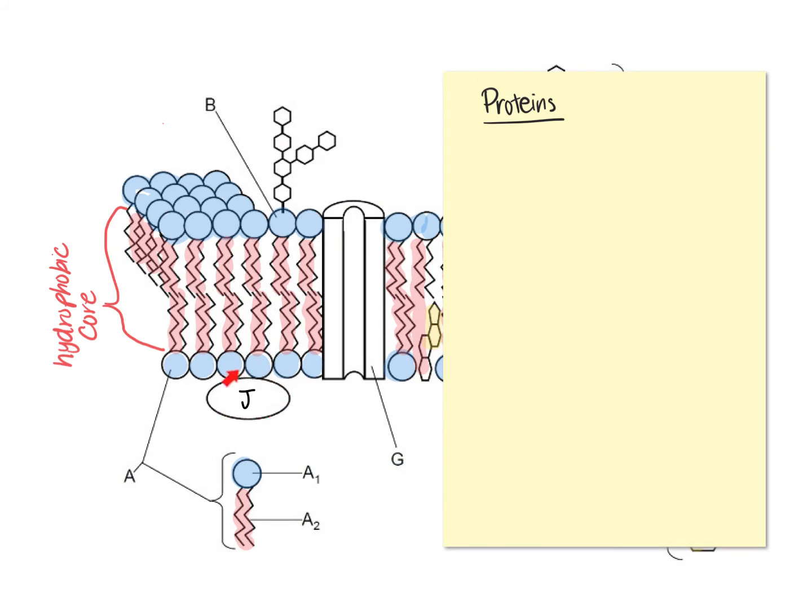Starting with this molecule right here, which is labeled as J, this is what's known as a peripheral protein. So aside from being made of carbon, hydrogen, oxygen, nitrogen, when we classify proteins, we look at their function within the molecule of the plasma membrane. So peripheral proteins, their function is mostly to stay on one side of the membrane.